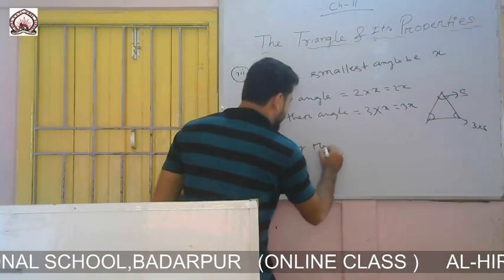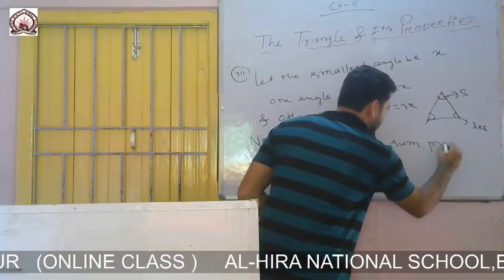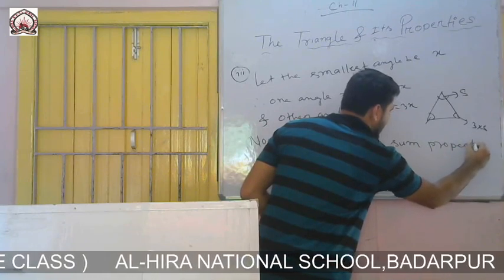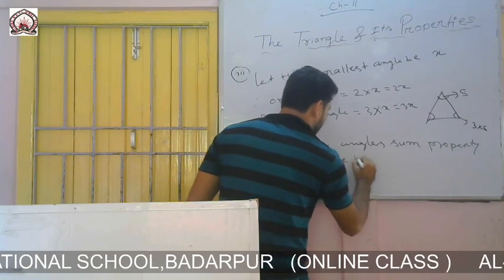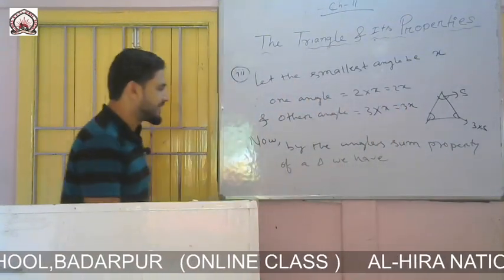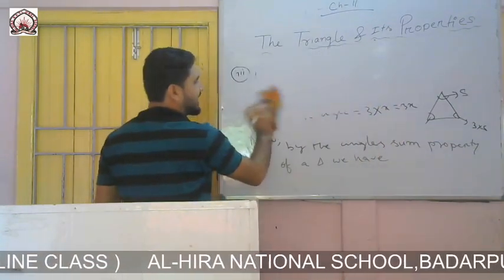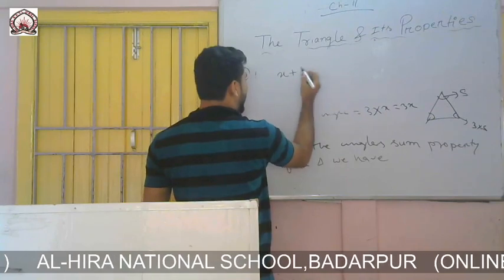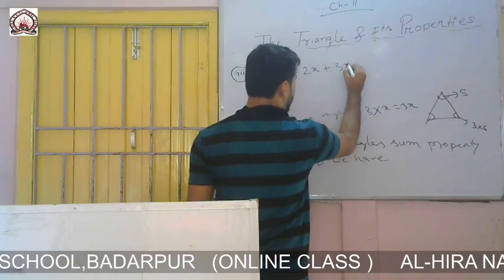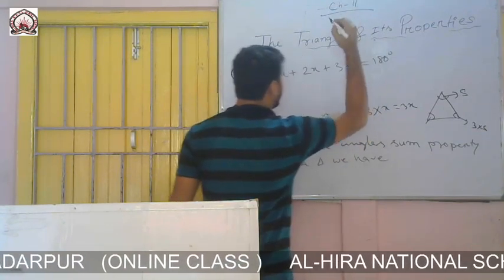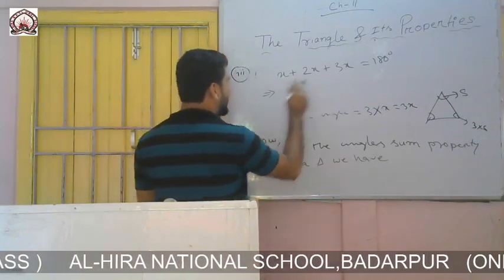Now by the angle sum property of a triangle, we have smallest angle x plus one angle twice x, and the other angle thrice x equals 180 degree.